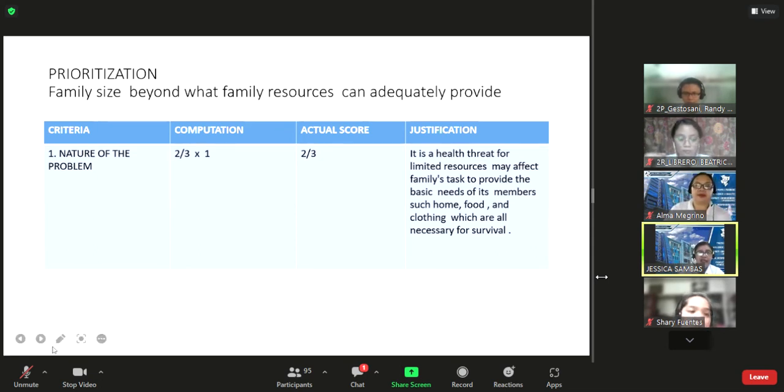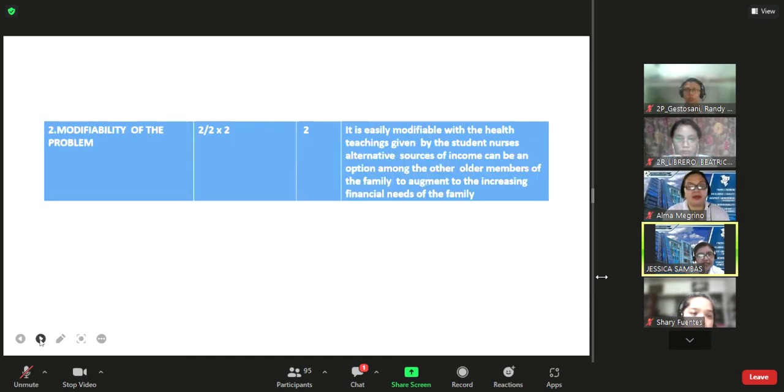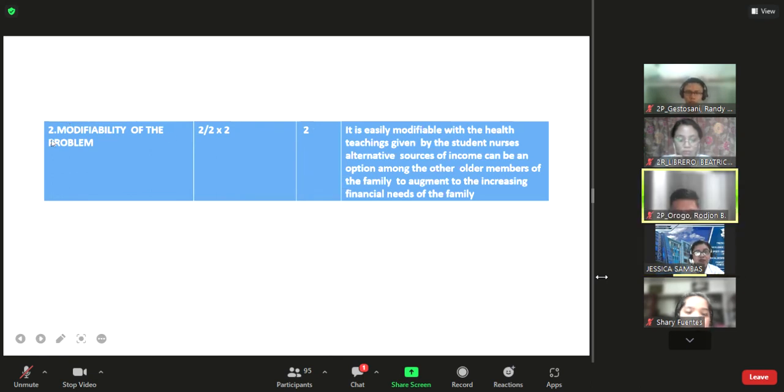All right. Then, what's the next criteria after nature of the problem? Modifiability of the problem. Correct, student? So for modifiability, it's the same again. Is it easily, partially, or not modifiable? Say the group decided it is easily modifiable.